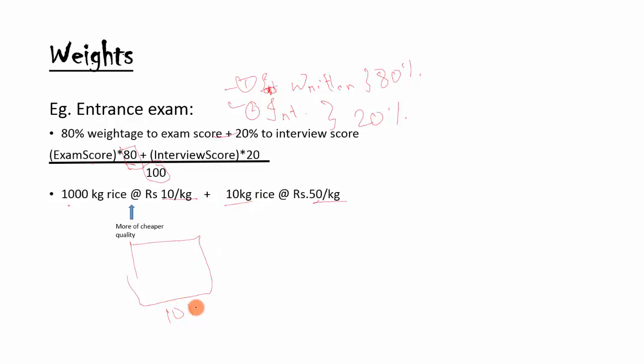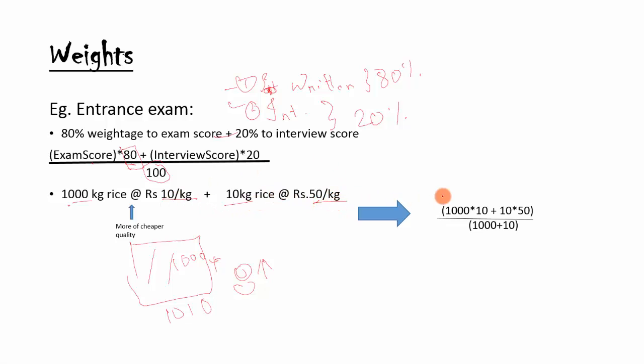So you will get 1010 kg of rice, which will still be of cheaper quality because you have mixed more of the cheaper quality rice, right? 1000 kg of this rice plus a small amount of high quality rice. So how to calculate the exact price that this rice will be worth? We have different weights, right? 10 rupees rice and 50 rupees rice have different weights.